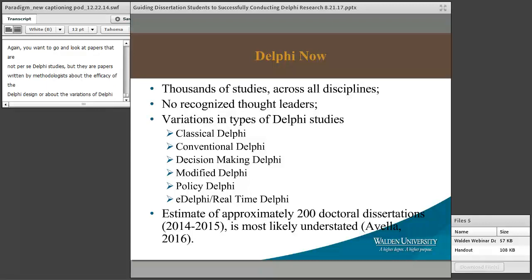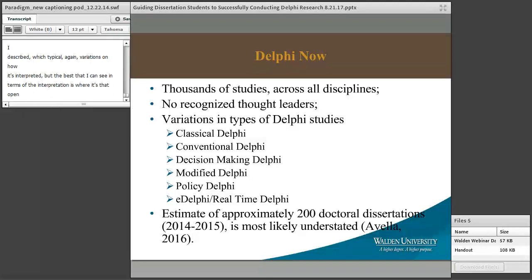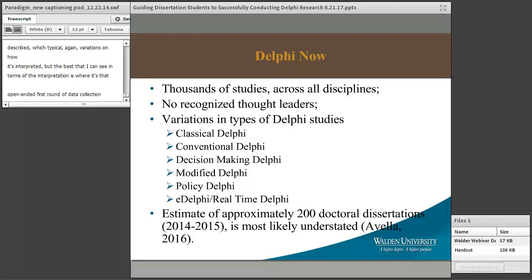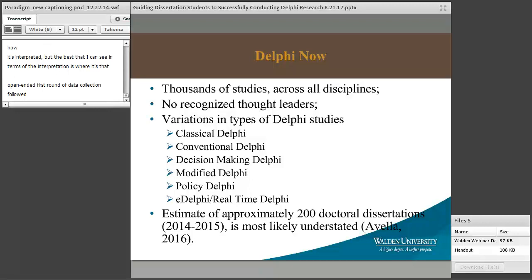There is the classical or conventional Delphi that I described, which, with variations in how it's interpreted, is best understood as an open-ended first round of data collection followed by subsequent rounds where you are trying to empirically measure consensus.